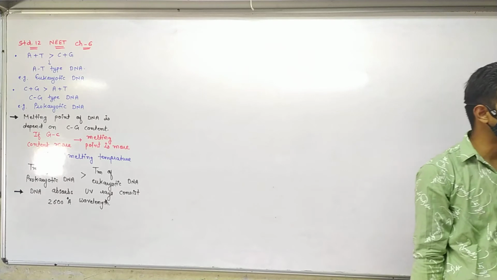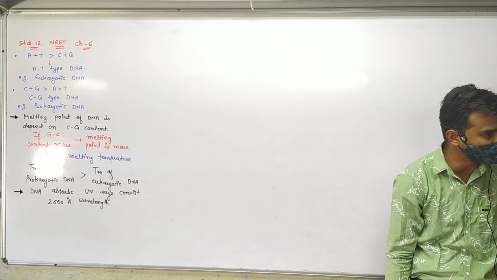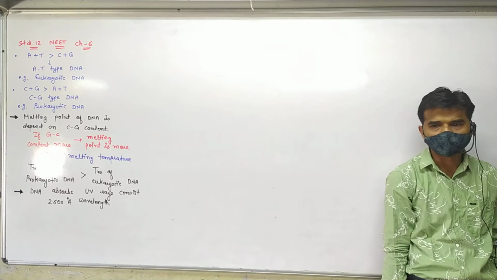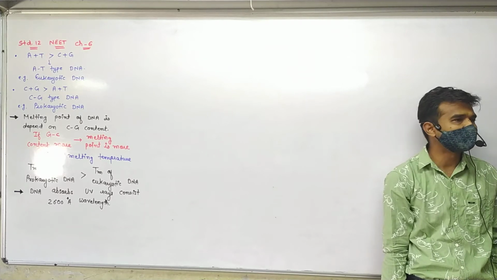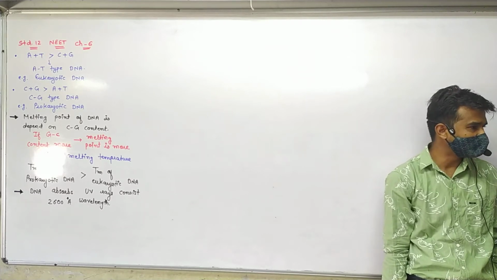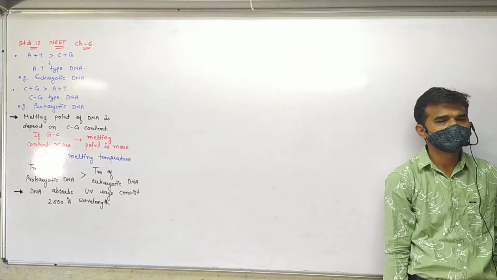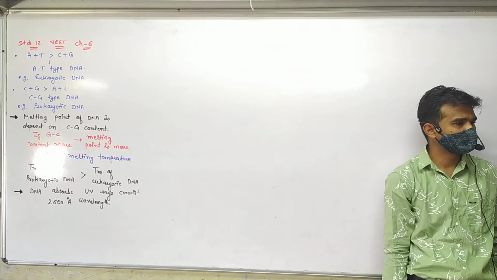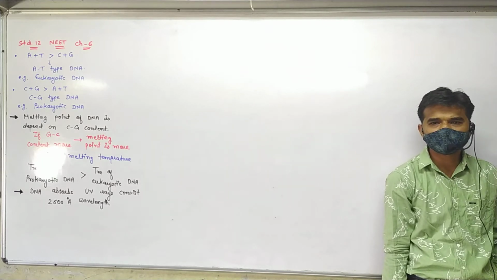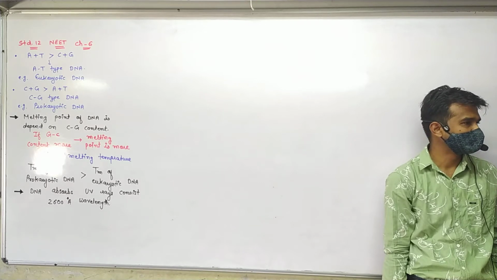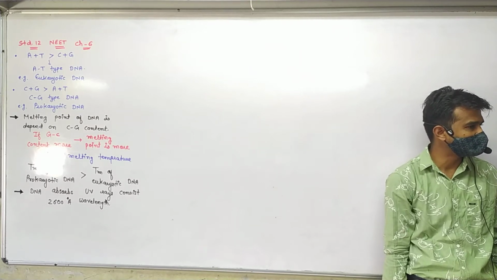So in our DNA, AT content is more. So melting point is low. So at this much high wavelength of the UV rays, DNA is easily mutated. So if we are coming in contact with the UV rays, fine, we get mutation in the DNA.